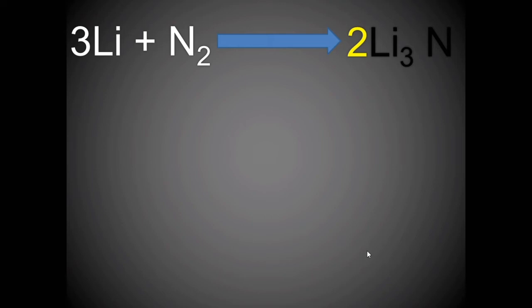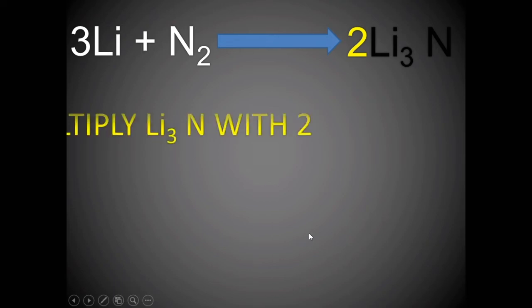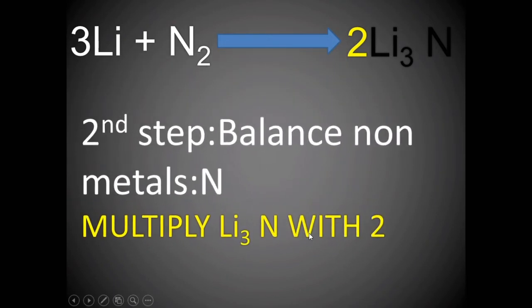The non-metal is nitrogen, so the second step is to balance the non-metals. On the product side nitrogen is unbalanced, so we multiply lithium nitride by 2.